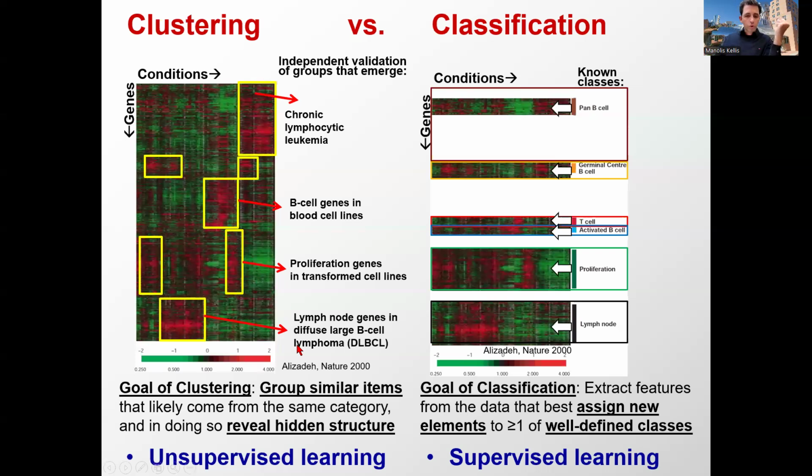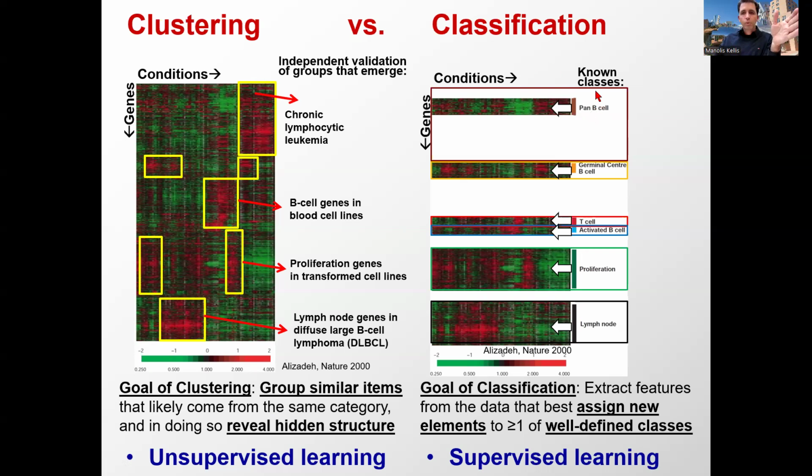The goal of clustering is to group similar items that likely came from the same category, and in doing so, reveal hidden structure. Now, classification says, we have some B cells and some T cells and some activated B cells and some proliferating cells. From that, we're going to classify genes that are related to these conditions, or conditions that are related to these genes.